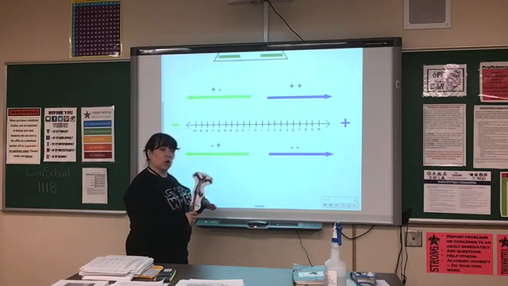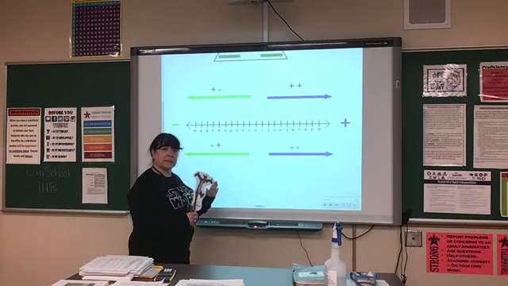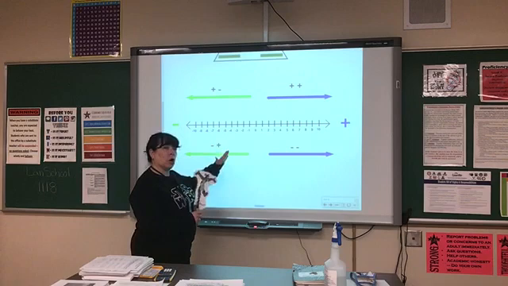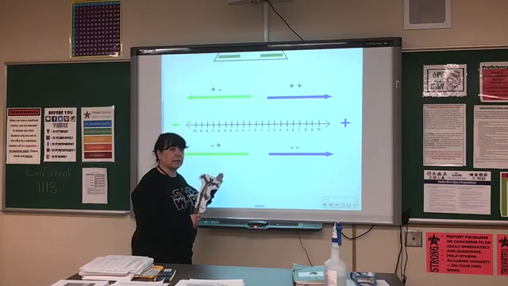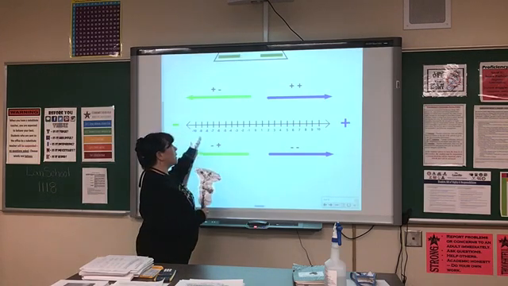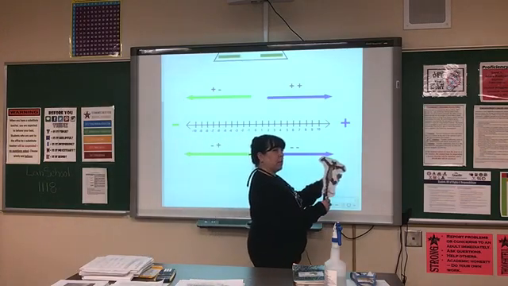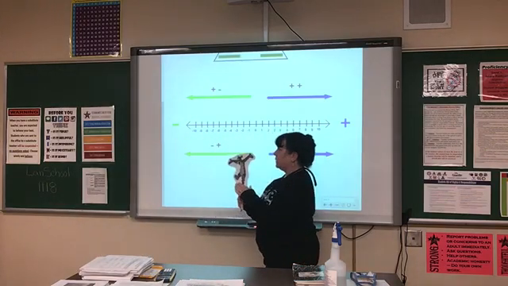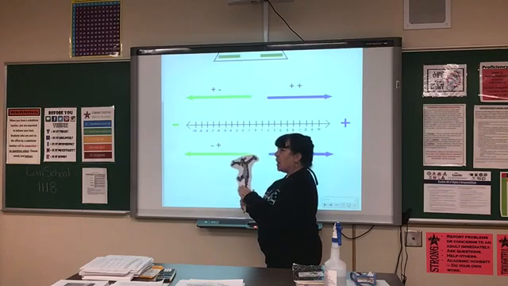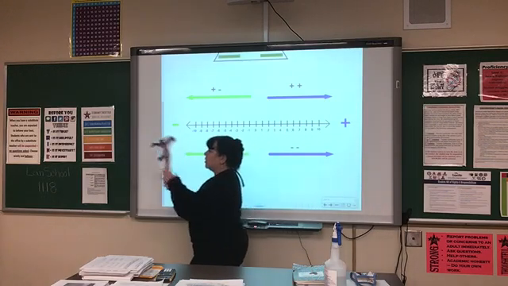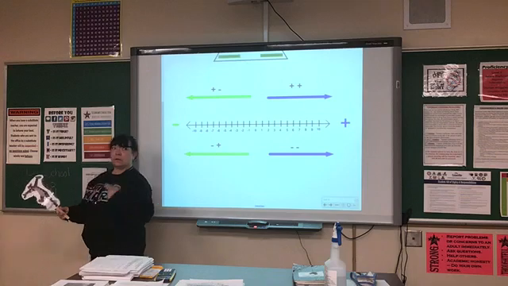So if you were taking a positive and then subtracting a positive, I'm looking at the positive, I'm walking positive, but then when I subtract, I'm turning around. Oh, I'm subtracting a positive. I'm going to go forward. Look where it takes me.